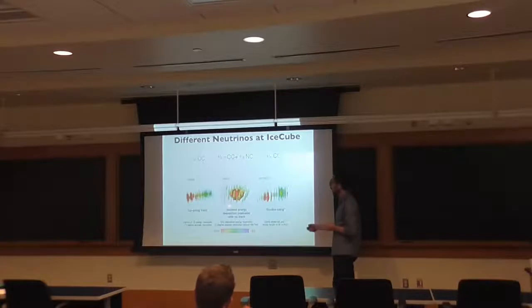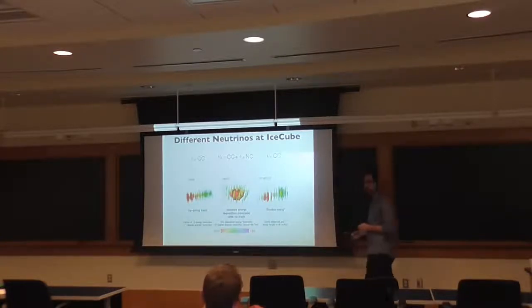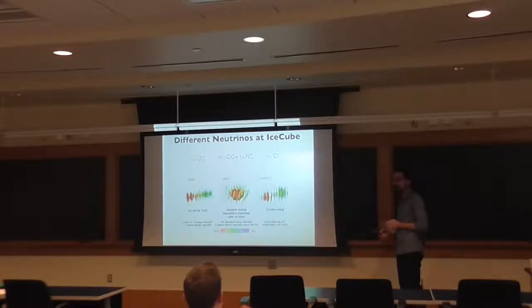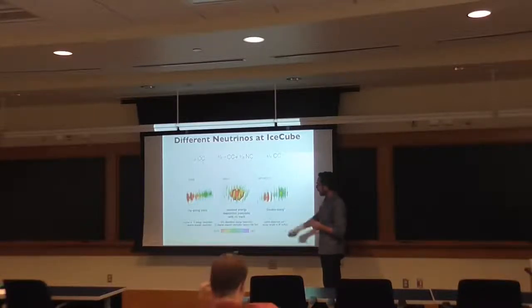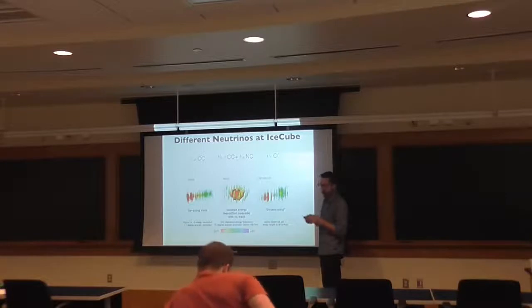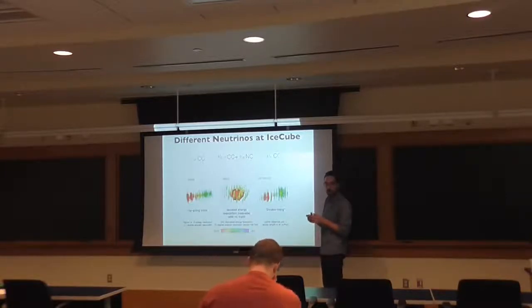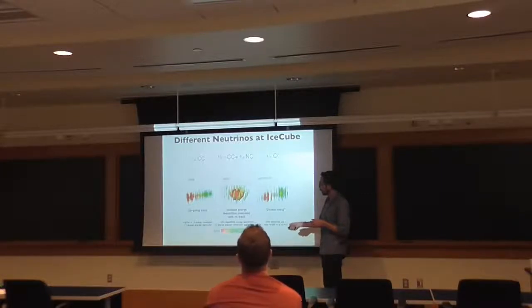The way that IceCube can tell the difference between different flavors of neutrinos is really simple to understand just visually. Sorry, these two are actually real data, and this is a simulation. You can see the strings here, and the size of the blob represents how much energy deposition a given digital optical module gets, and color is telling you redder means it happened earlier.